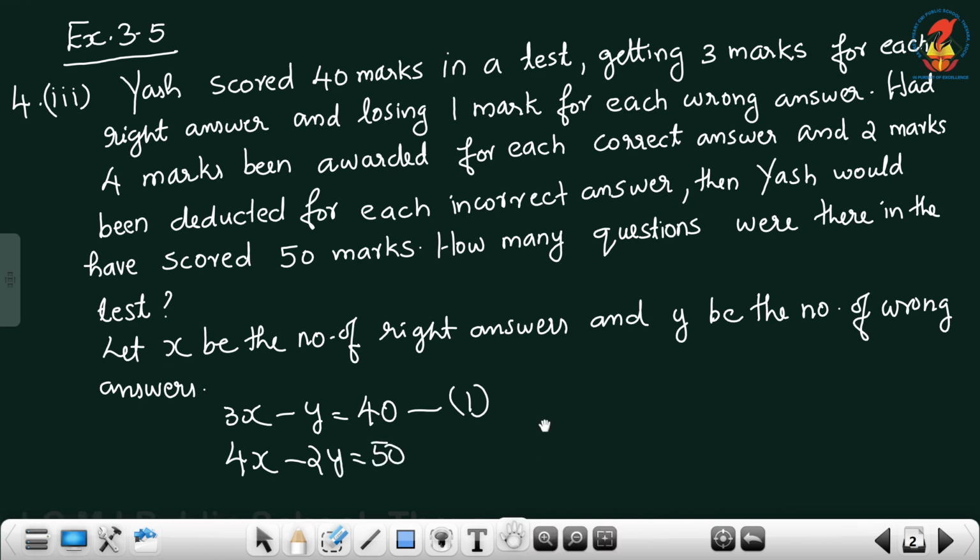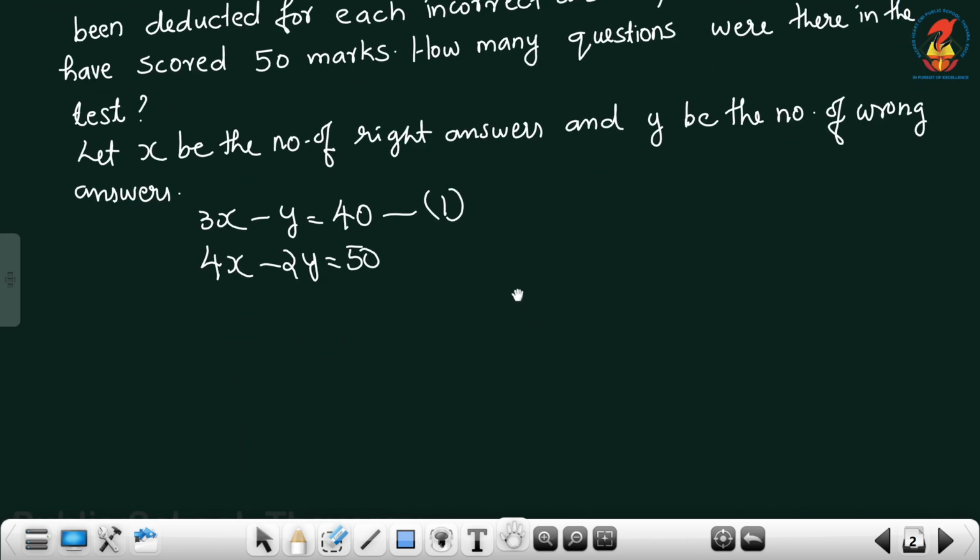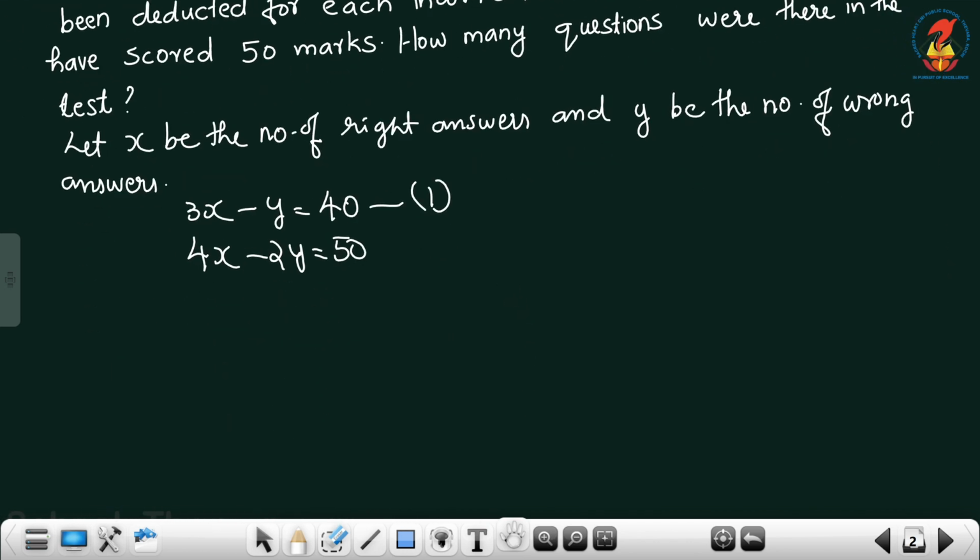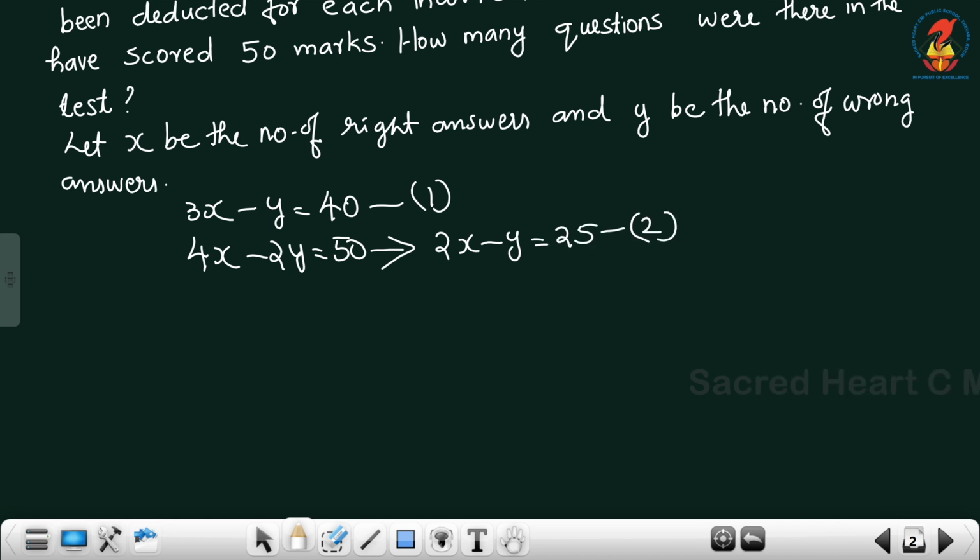This second equation, divide by 2, this equation becomes 2x minus y equal to 25. This is the second equation.